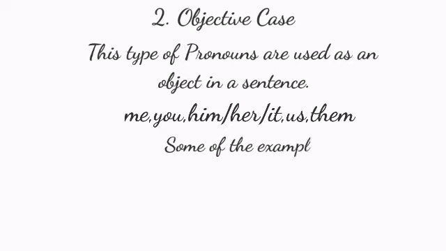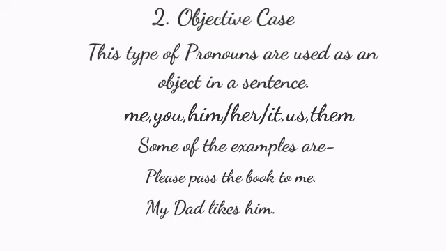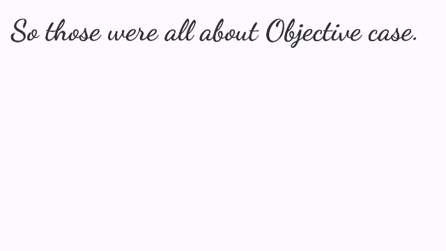Some of the examples are, please pass the book to me. My dad likes him. In those examples, you saw how I used the pronouns me and him as an object in a sentence. So those were all about objective case.